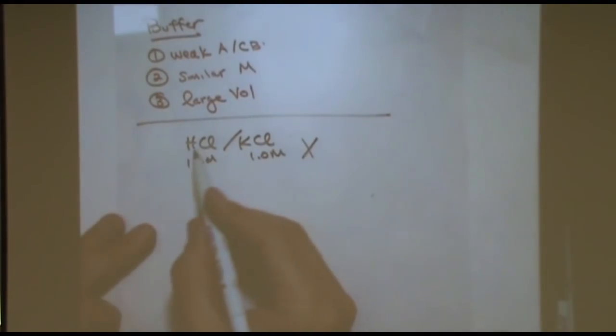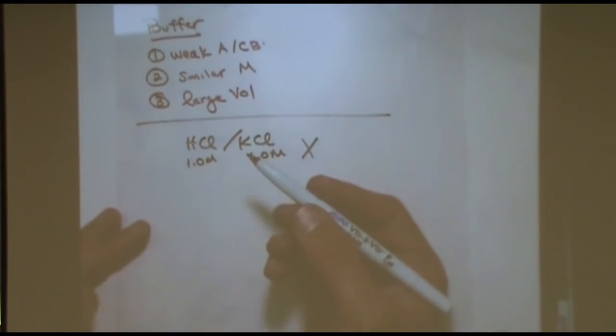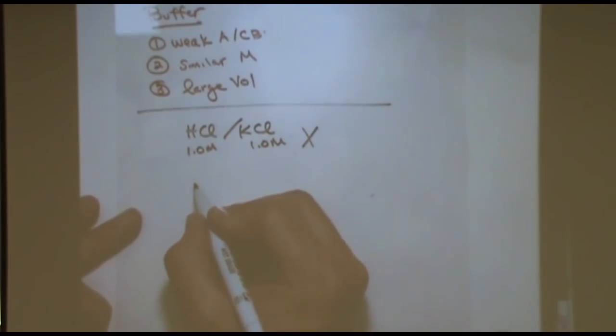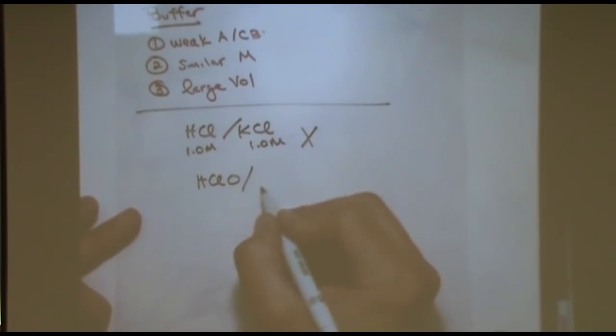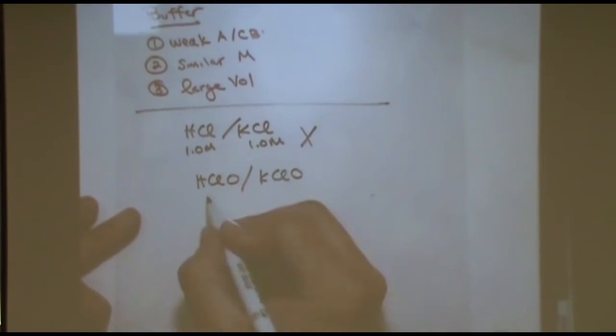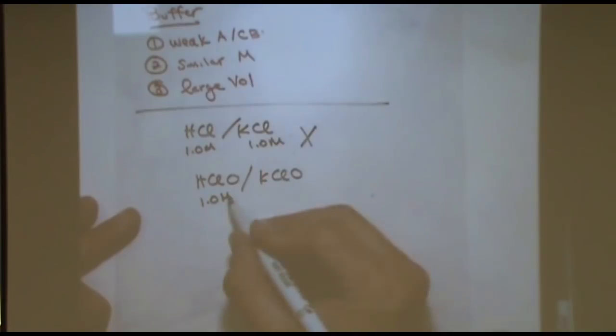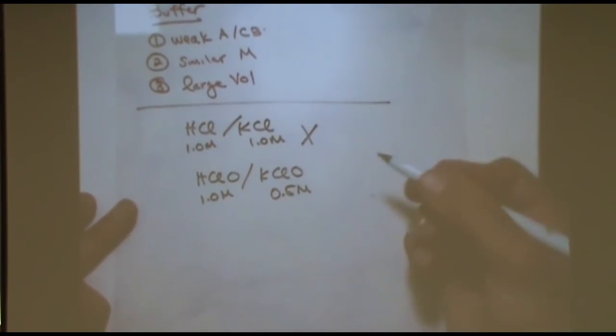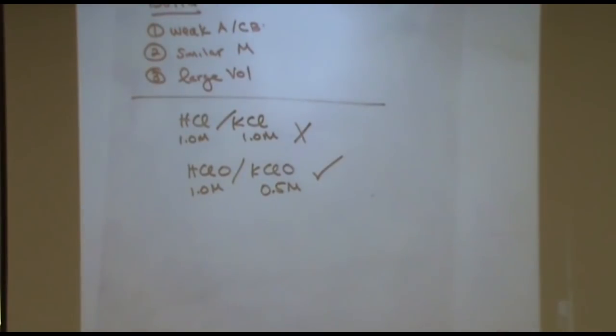Yeah, that's not weak. It's a strong one. You need a weak one. So it'd be more something like this. Those molarities don't necessarily need to be the same, they just need to be similar. Something like that would count as a buffer, because you have a weak acid and its conjugate.